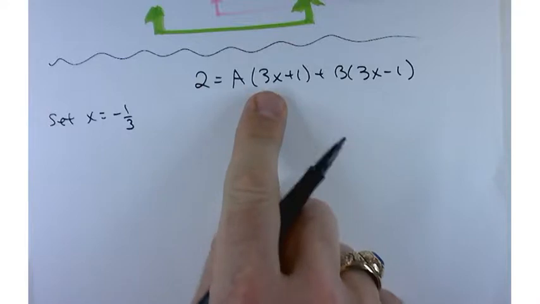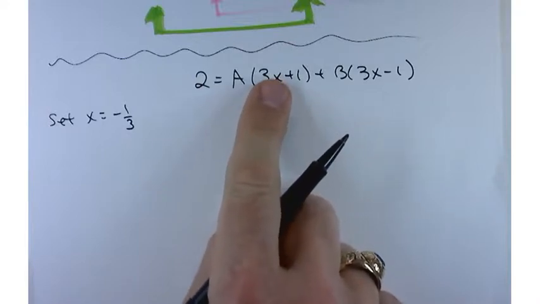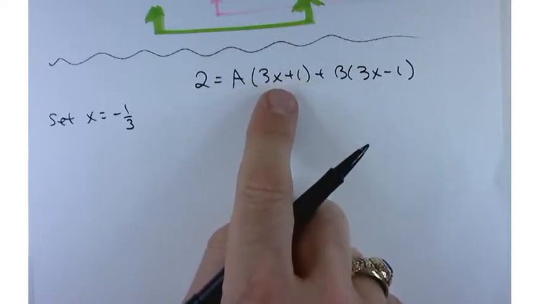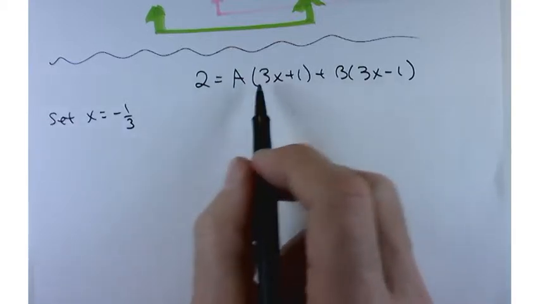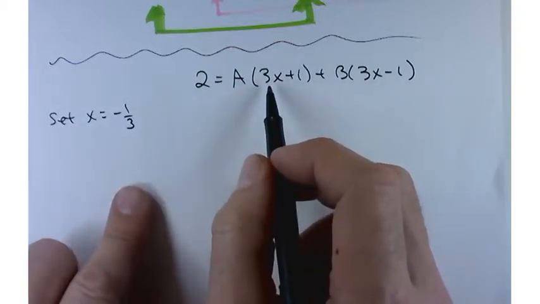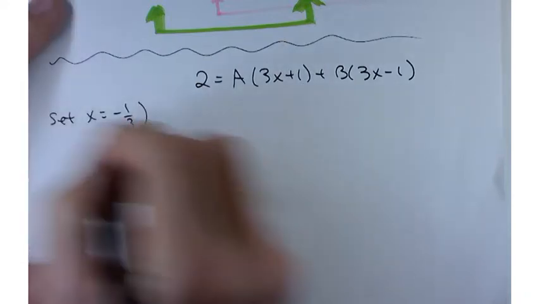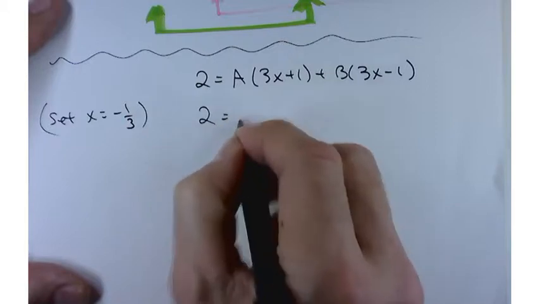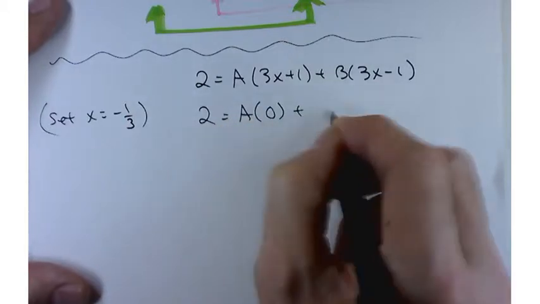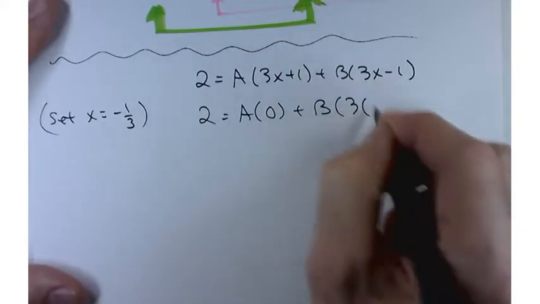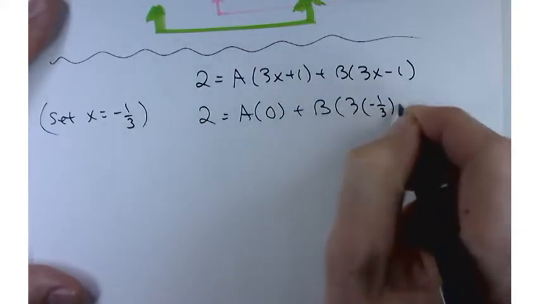Do you see what's special about -1/3? If I put in -1/3 for x, what's going to happen to that binomial term? It's going to be 0, right? Because 3 times -1/3 is -1, plus 1 is 0. So this equation becomes 2 equals A times 0 plus B times 3 times -1/3 minus 1.